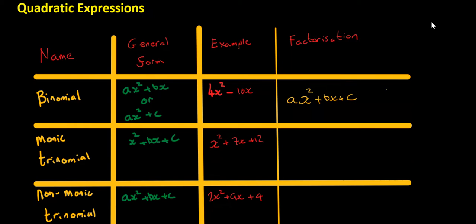Now the values of a, b, c are usually members of the integers, rational numbers, and the natural numbers, where a cannot be equal to 0. b can be equal to 0, c can be equal to 0, but if a equals 0, that turns our quadratic expression into a linear expression.